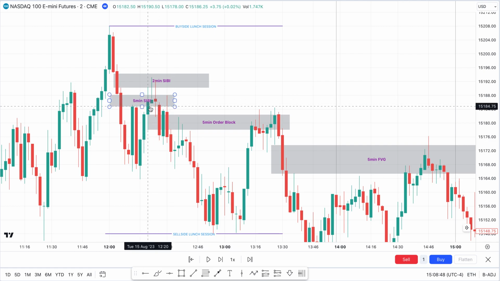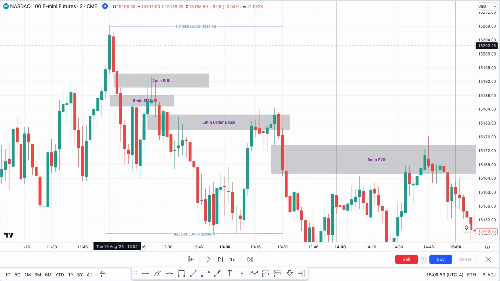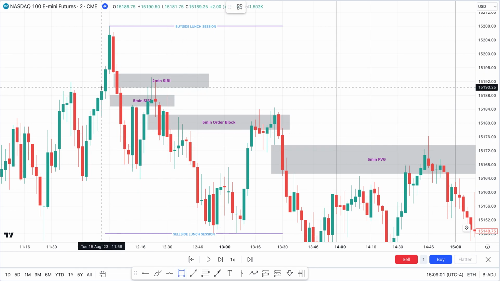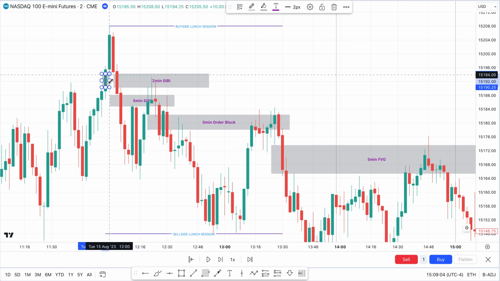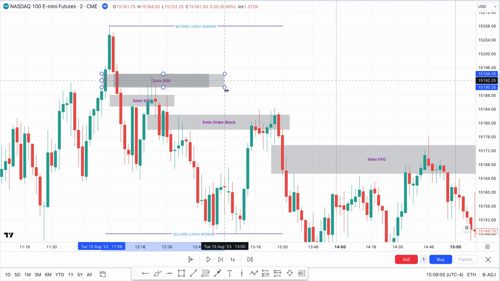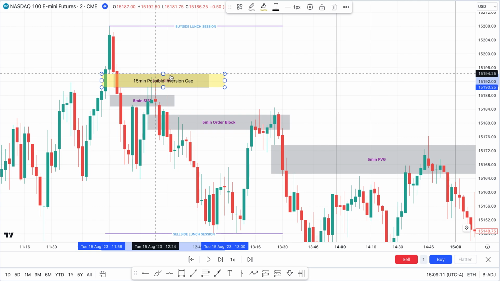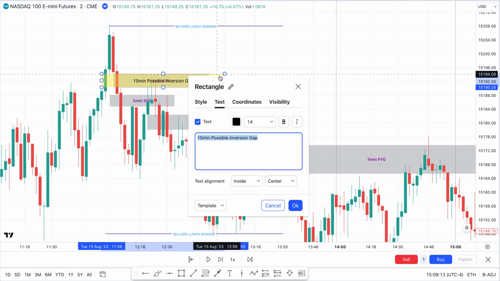So usually with this 5 minute SIBI, above that could be 2 minute or 1 minute areas of importance. Like this now, for instance, becomes an inversion gap. Inside here, 2 minute inversion gap. Inversion fair value gap. It becomes a 2 minute inversion fair value gap.